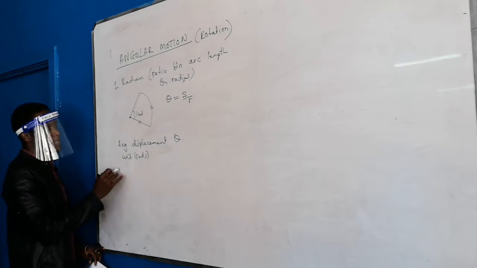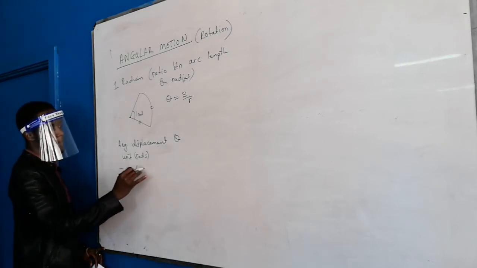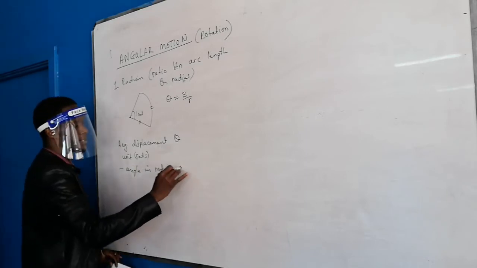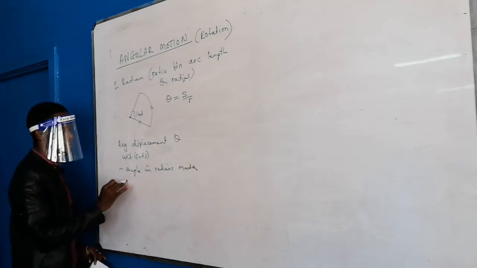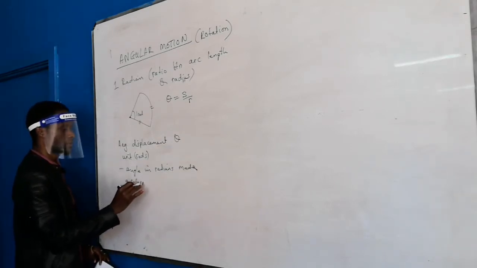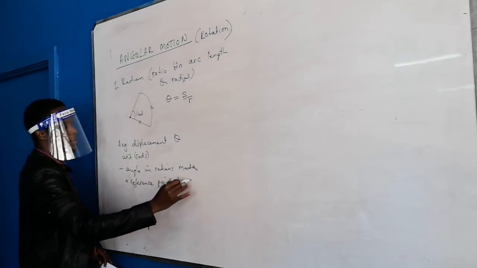So we said angular displacement, it is the angle in radians made at the reference point by a circular movement.